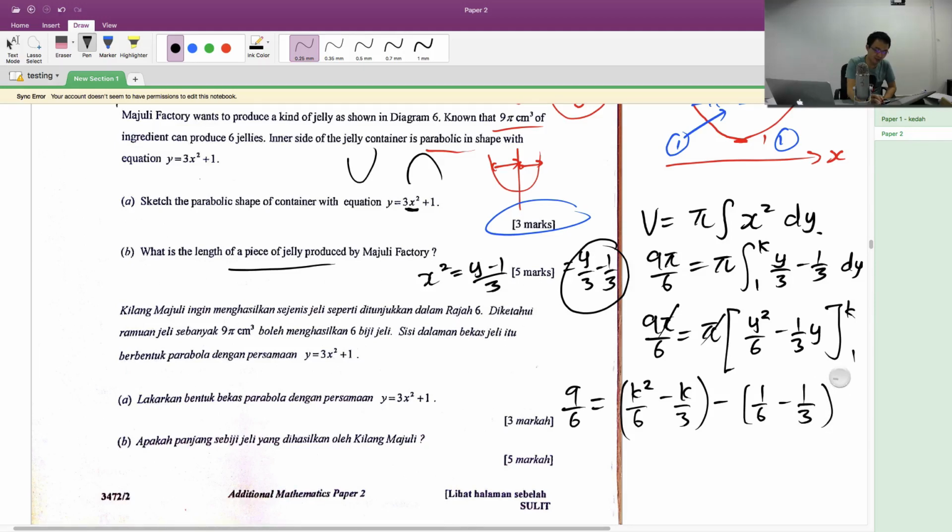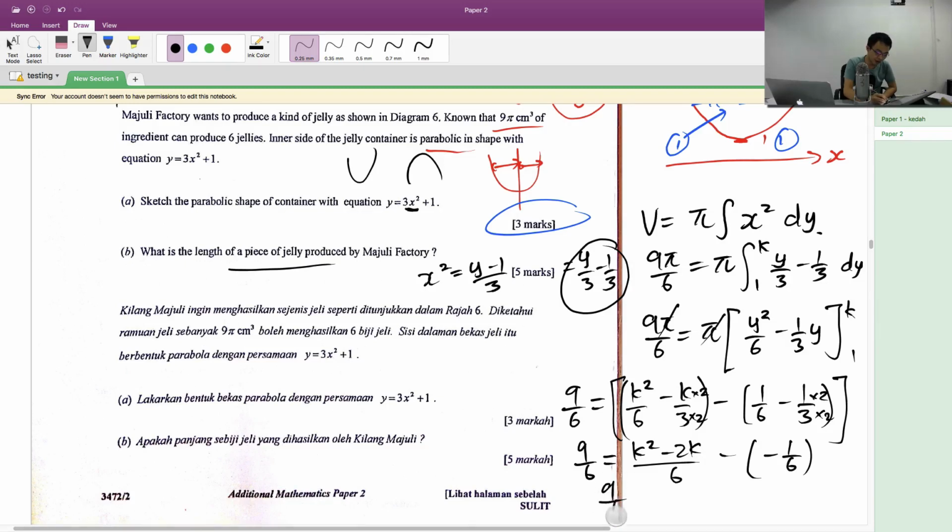If I don't make any mistake here, I hope. So 9 over 6 equals, I times 2 to make them have the same denominator: k squared minus 2k over 6, minus times 2, this is 1 minus 2, so it should be negative 1 over 6.